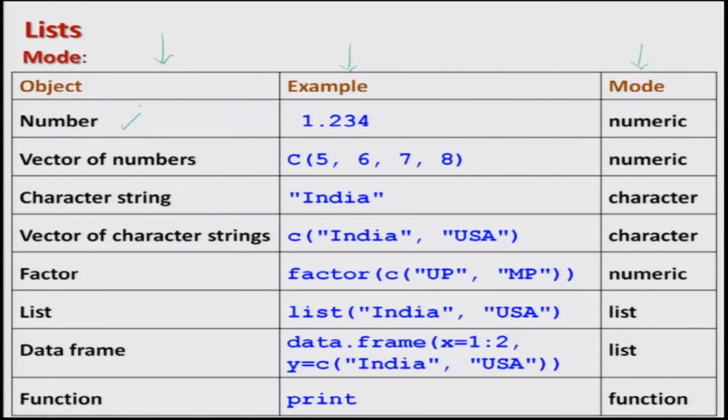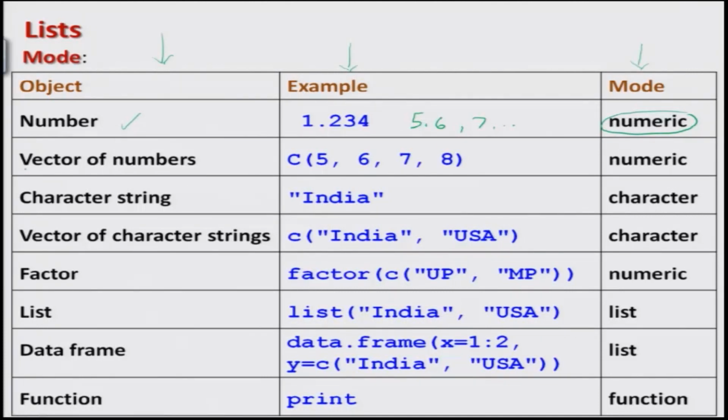For example, 1.234, 5.6 or 7 and so on. What is this? We know from our common language that this is a number. So, the mode of this number is called numeric. So, the mode of a number is numeric.